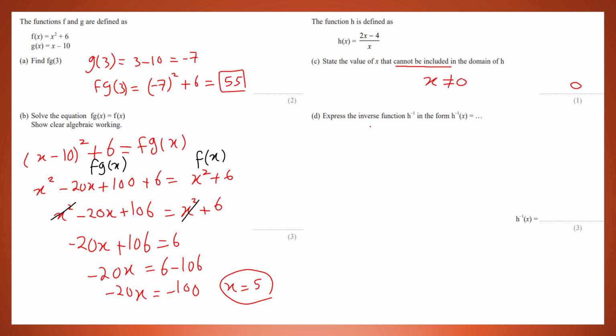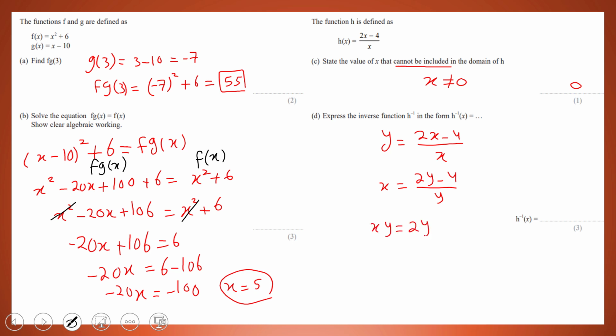If you want to find the inverse for h, what you will do, all the steps like what we have done in the previous examples, it will be y equals 2x minus 4 all over x. So just change the letter y to the letter x and the letter x to the letter y, and then try to make y the subject again. So we'll do cross multiplication, and then we'll keep y's together on one side.